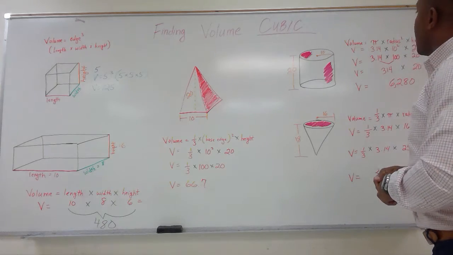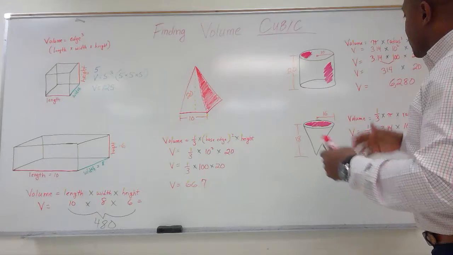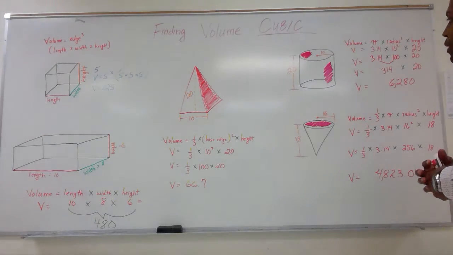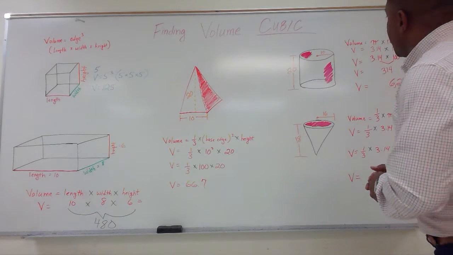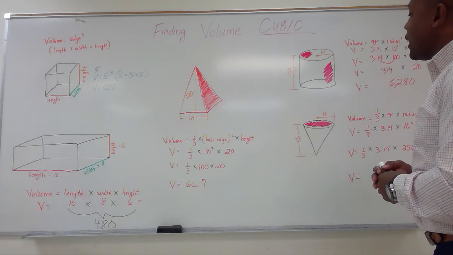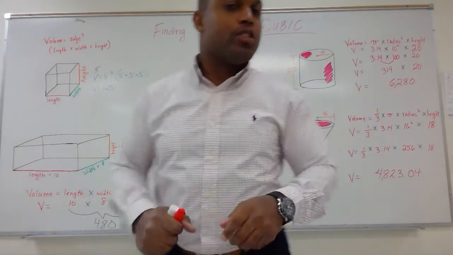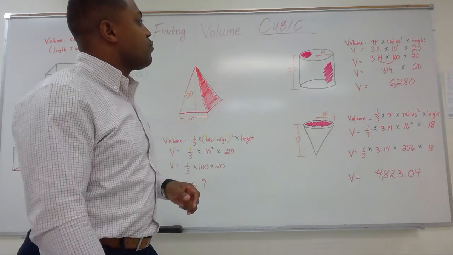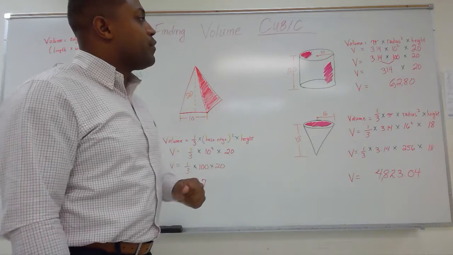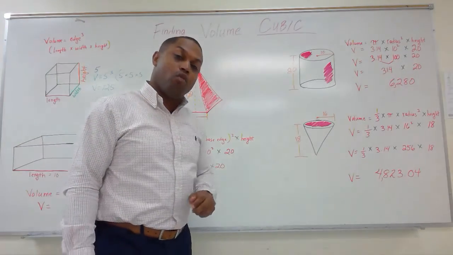The formula for finding the volume of this cylinder here is volume equals pi times radius to the second power times the height. We've talked previously in other videos about how pi equals 3.14.